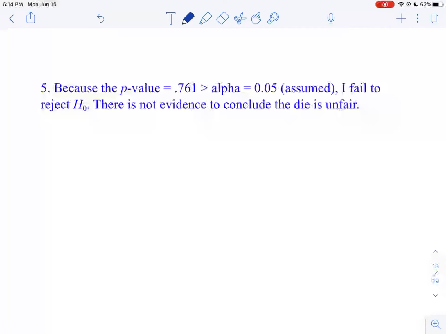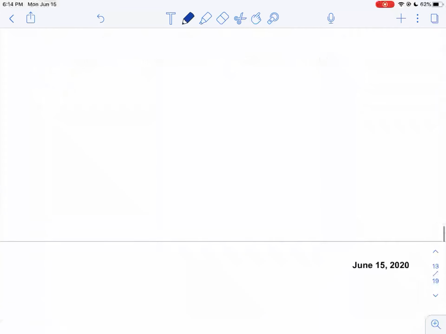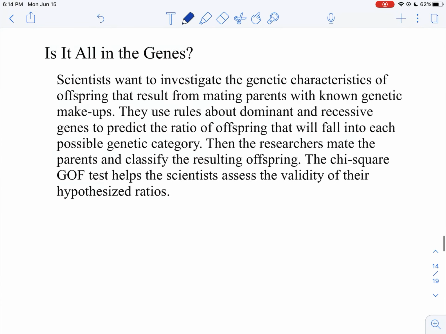Let's try one more really quick though, because sometimes we will actually need to calculate those proportions ourselves, like they do in biology class. So scientists want to investigate the genetic characteristics of offspring that result from mating parents with known genetic makeups.